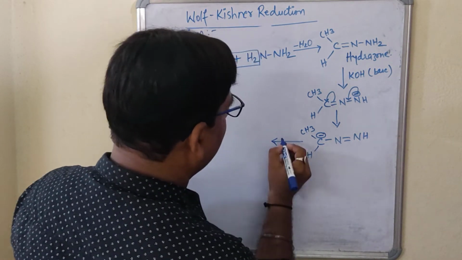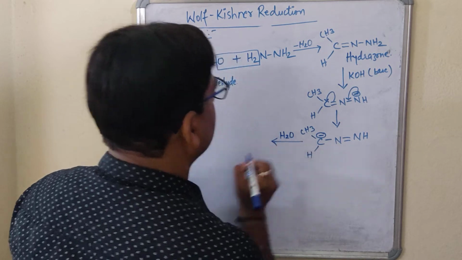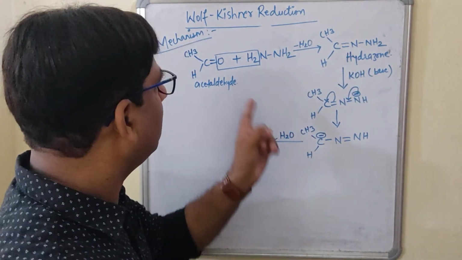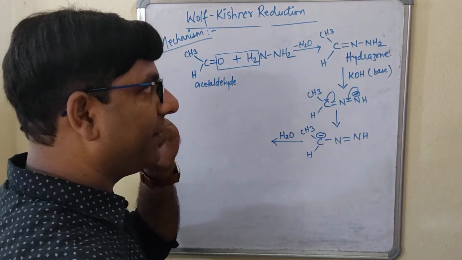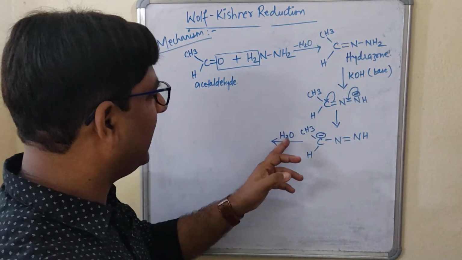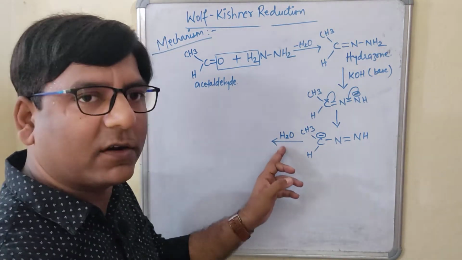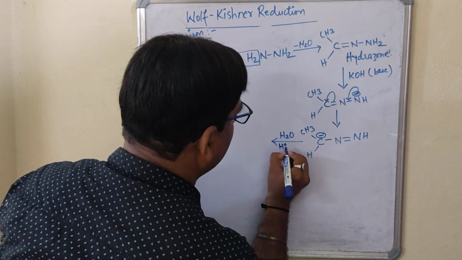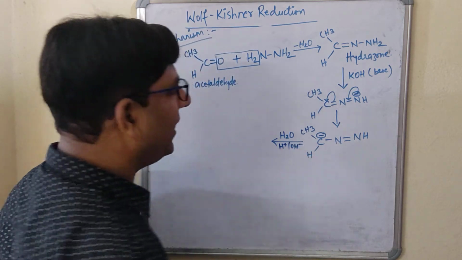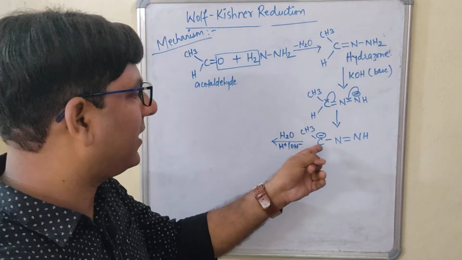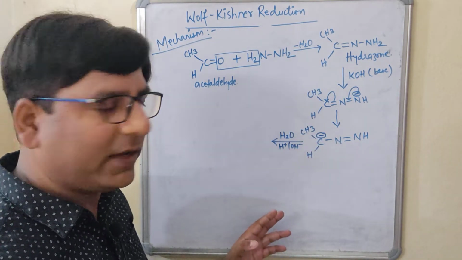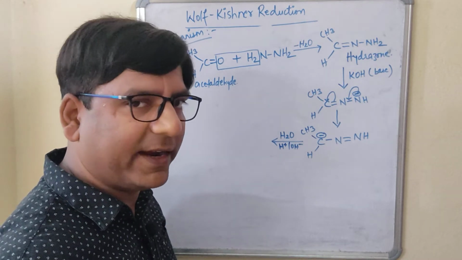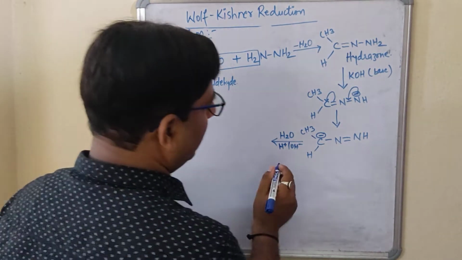In this, it will react with the water. Already we have water. So hydrazone plus water. What will be the role of this water molecule, students? You know water consists of H plus as well as OH minus. Wherever we have the carbon carrying a negative charge, H plus can easily go and attack this, because plus always goes for the negative, that you know, right? Now, what will happen?